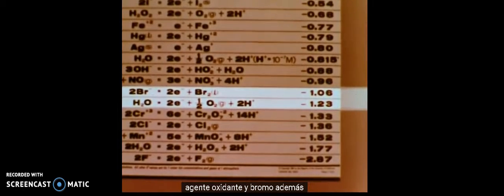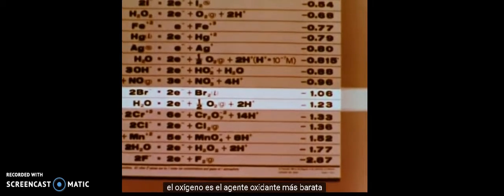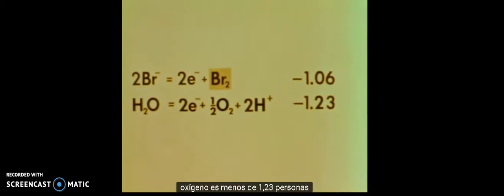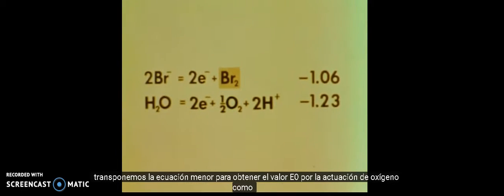Furthermore, oxygen is the cheapest oxidizing agent. Let's find the E0 value for the overall reaction. The E0 value for the oxidation to give bromine is minus 1.06 volts. The E0 value for the oxidation to give oxygen is minus 1.23 volts.